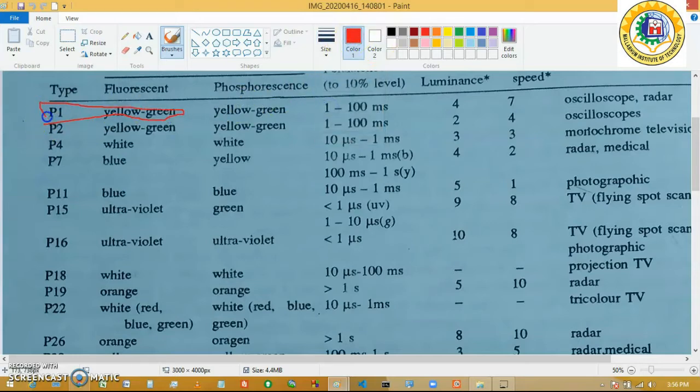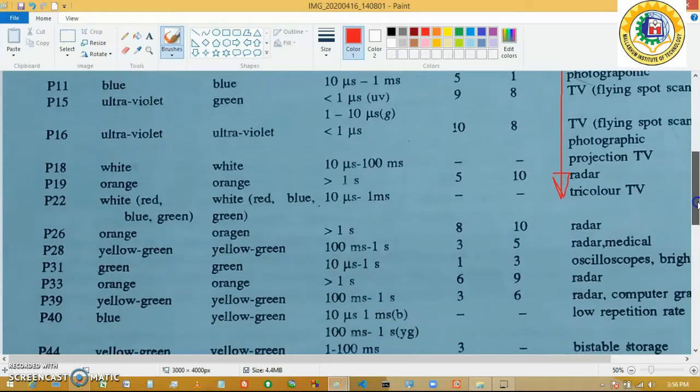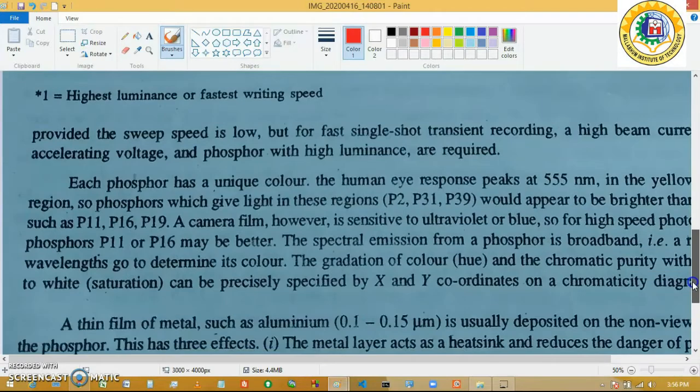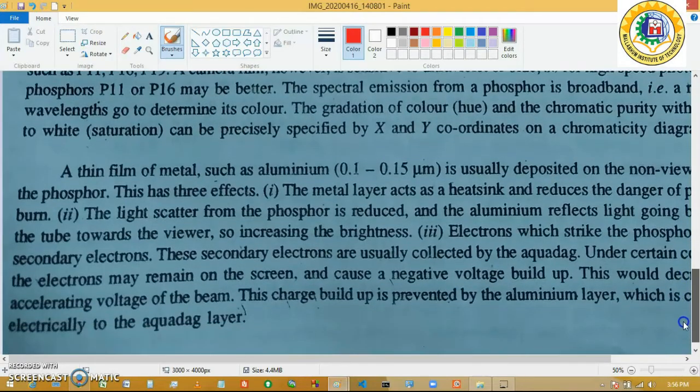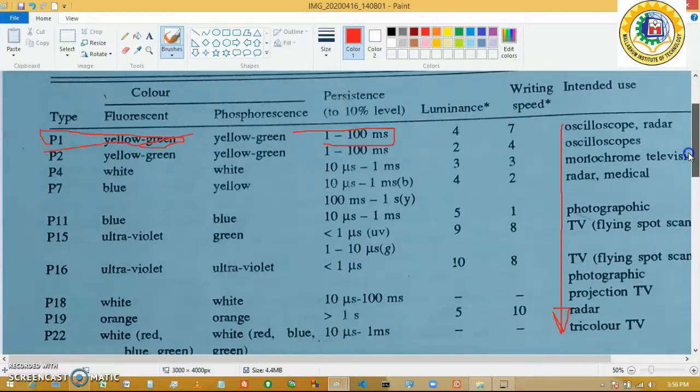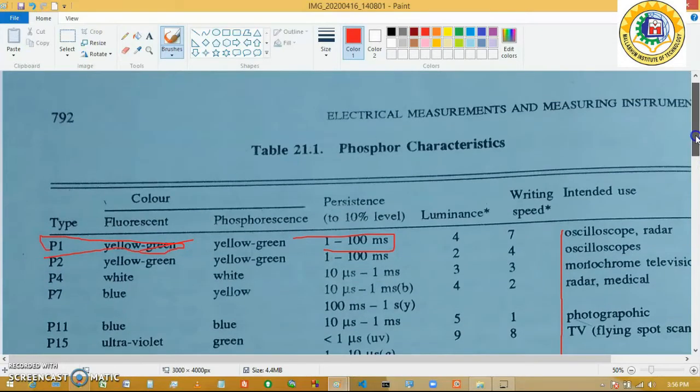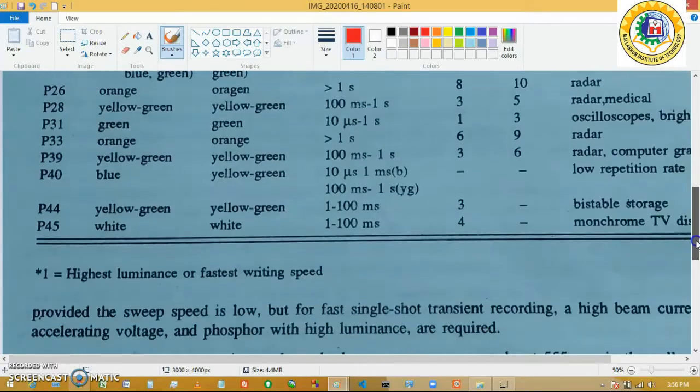For example, this one is yellow-green, and the energy level is this, and the application of this is in different types of areas. So these were the different phosphorus characteristics.